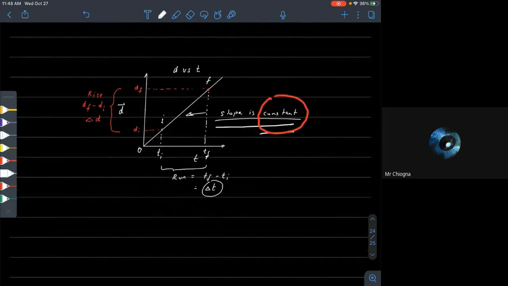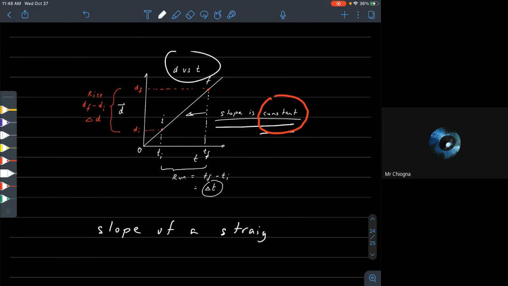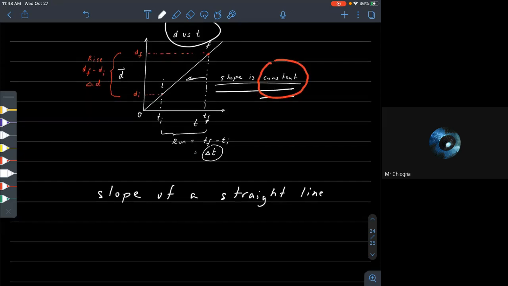So the slope of a straight line, and this is in the context of this type of graph, a position time graph, is a constant velocity.